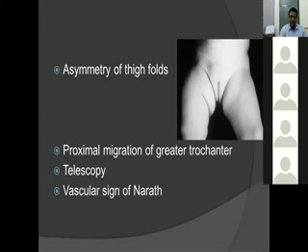Here, as the femoral head is absent from the hip joint cavity, you cannot palpate the femoral pulses. Femoral pulses will be absent. This is what we call the vascular sign of Narath being positive. If positive, the femoral pulses will be absent.